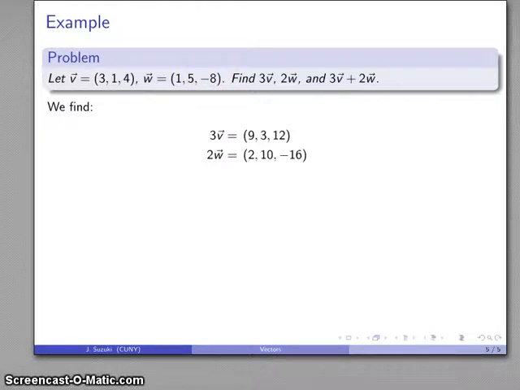And after all the dust settles, I have the vector 2, 10, negative 16. And then finally our linear combination 3v plus 2w. I'm going to add two vectors together, so I'm going to add them component-wise. 9 plus 2, 3 plus 10, 12 plus negative 16, and that gets me my linear combination.